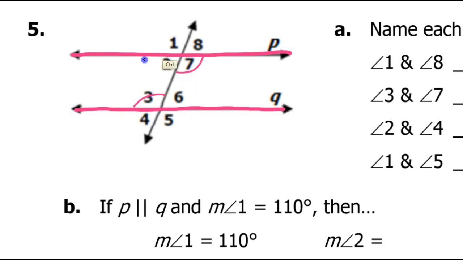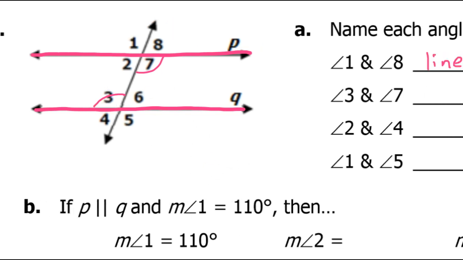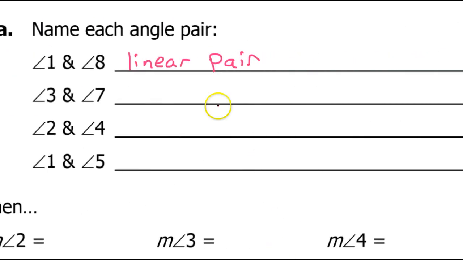Notice how these angles are between the lines. So these angles are in the interior. Angles like 1 and 8 and 4 and 5 are in the exterior. So 3 and 7 are interior. Because they are on opposite sides of the line, we call them alternate interior. So that's the name of this angle pair.